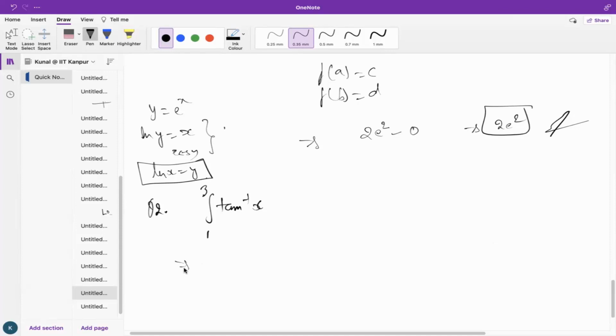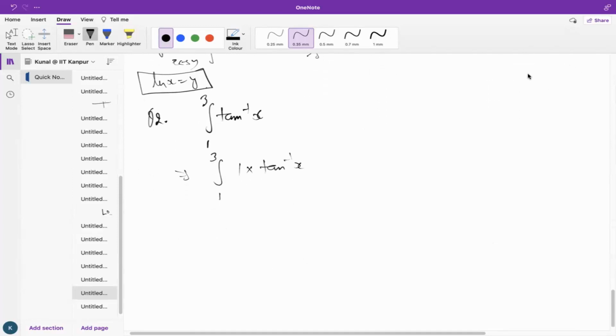So what we first do, we write 1 into tan inverse of x, that is x to the power 0 times tan inverse of x. And then according to the ILATE rule, this is our u and this is our v.